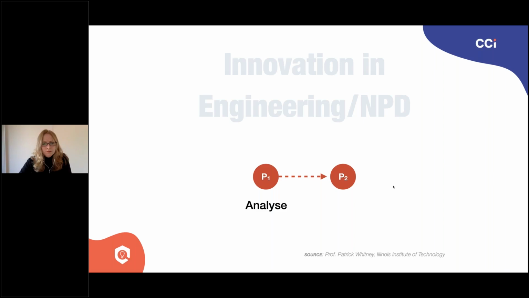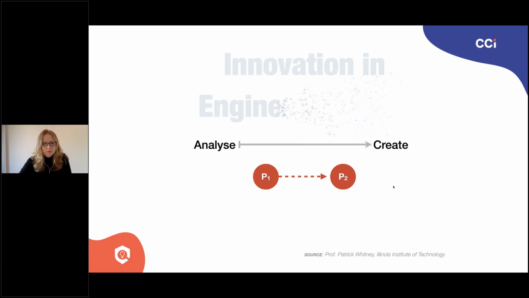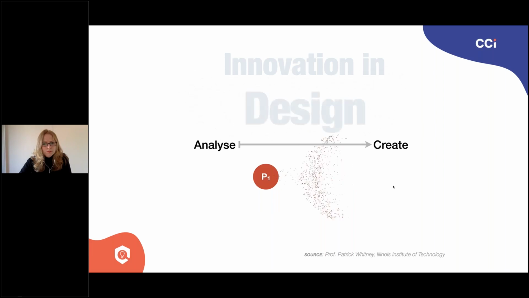So the approach in design innovation is to actually abstract from a product. And so by abstracting from the initial product, you then provide opportunities to reconfigure and create a new approach.